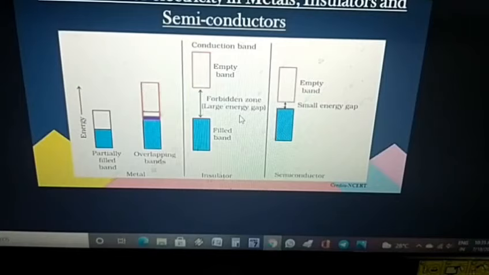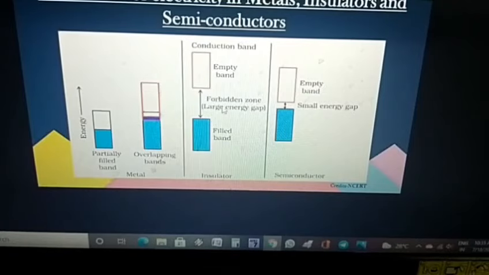So then actually the electrons should move from valency band to conduction band. How will they move? See, in case of semiconductors, the gap between the valency band and conduction band is small. You can observe in the figure, the energy gap between valency band and the conduction band is very less. And in the case of insulators, the gap between the conduction band and valency band is more.